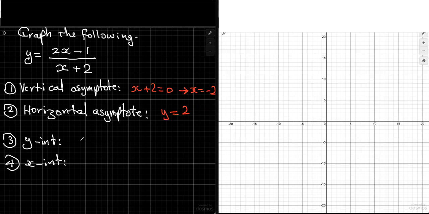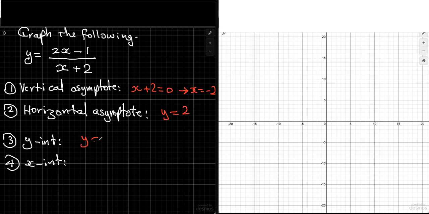How about the y-intercept? The y-intercept is where the graph hits the y-axis. So anywhere on the y-axis, always the x coordinate is 0. So therefore, if I want to find the y-intercept, all I need to do is just make the x value 0, and then I'll be able to solve for the y-intercept.